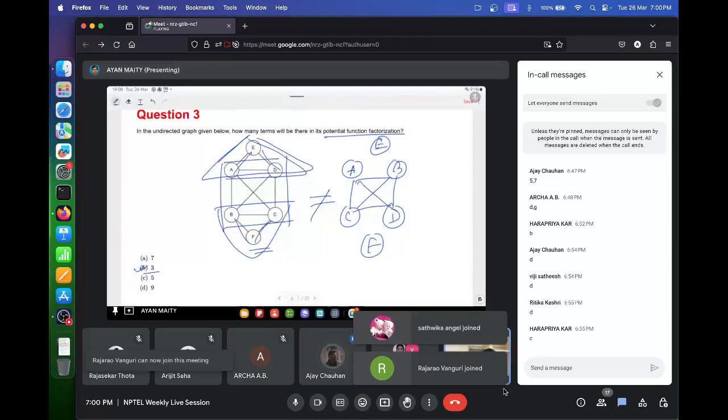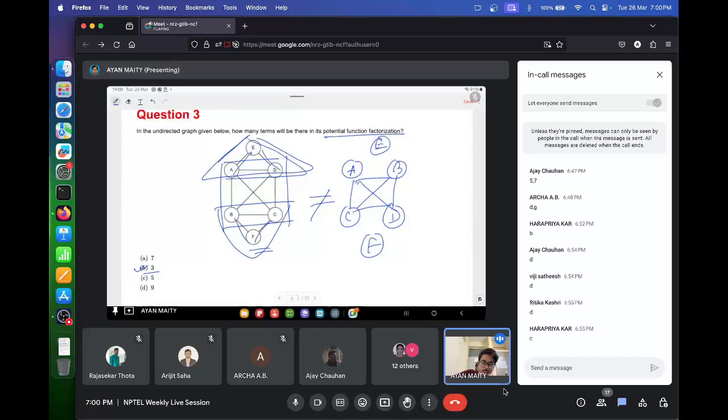If I consider B, D, and C, yes, this is one clique. Can we use this? Or B, D, C, F as one factor, and another factor B, D, E, A. Only two factors are sufficient. Generally, we go with the maximal cliques.